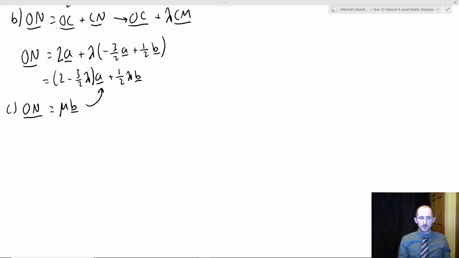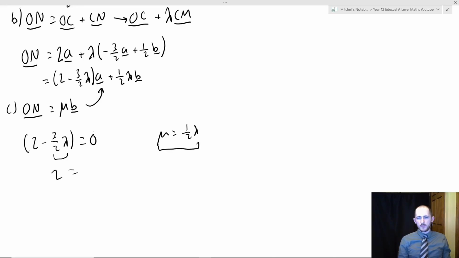So if we equate that out, and if we compare the a terms, we have 2 minus 3 over 2 lambda equals 0. If we compare the b terms, we have mu equals a half lambda. I think we start with the first one because this one has only one unknown.